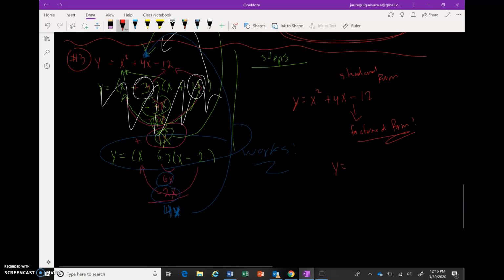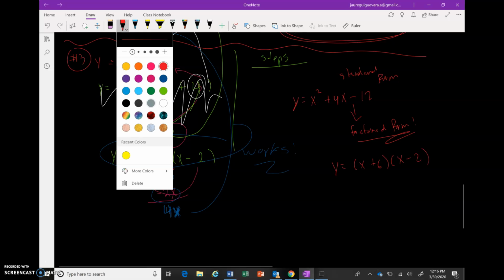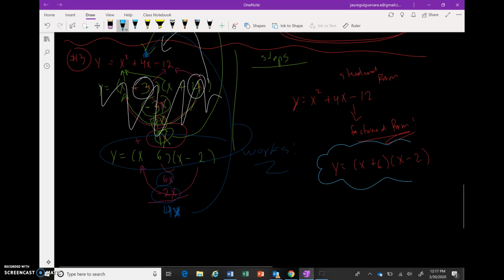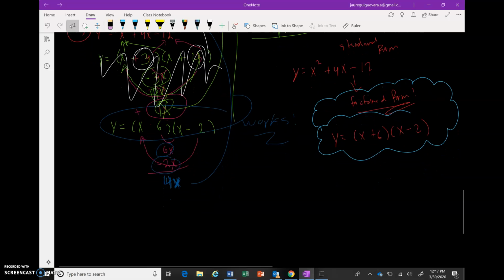My factored form was x plus 6 times x minus 2. This is what I'm looking for right now. Later on, I'm going to post another video where I actually show you what these mean.